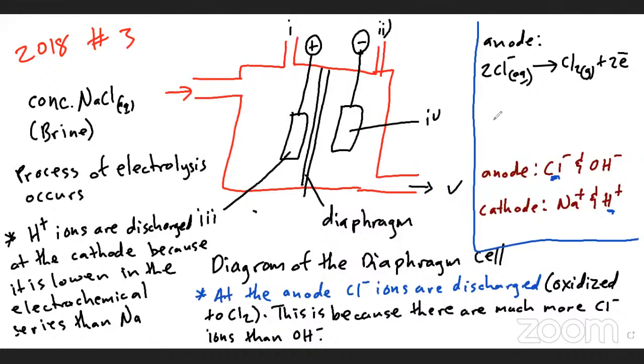All right, and at the cathode, two hydrogen ions are needed to form hydrogen gas. Put state symbols when you're writing equations. So two hydrogen ions will gain 2 electrons to give you H2. So you should know these two equations. That is what is occurring at the anode. This is what is occurring at the cathode.